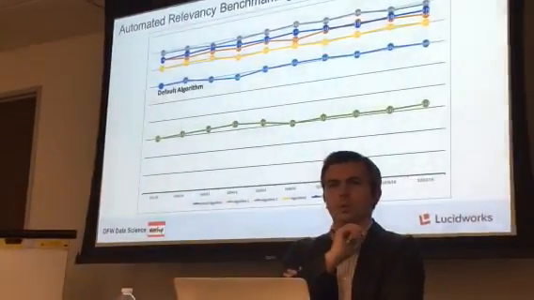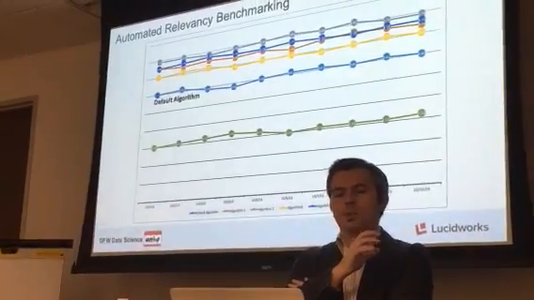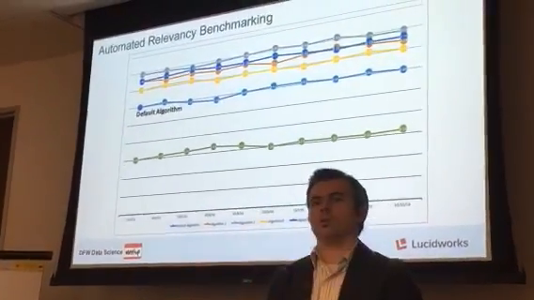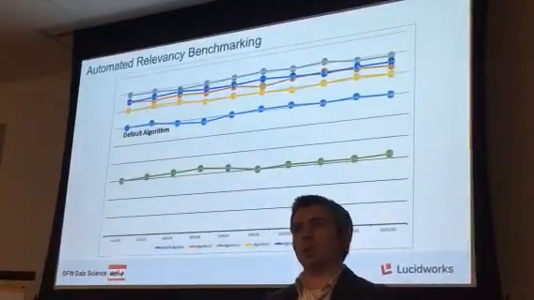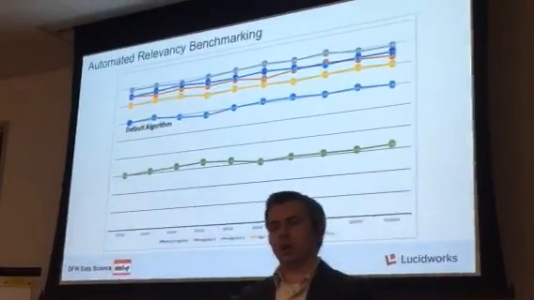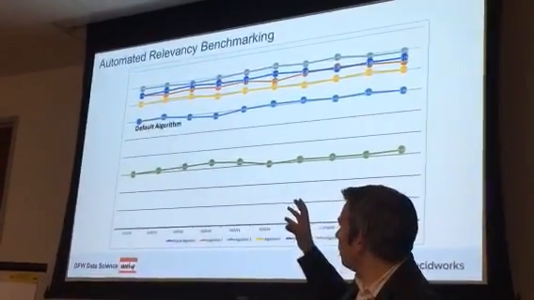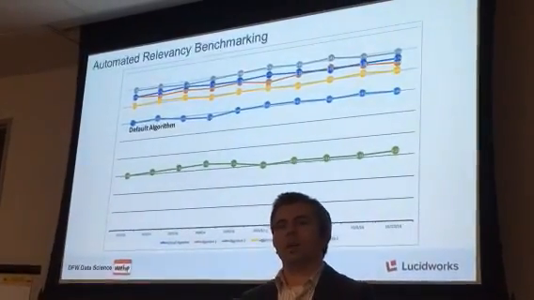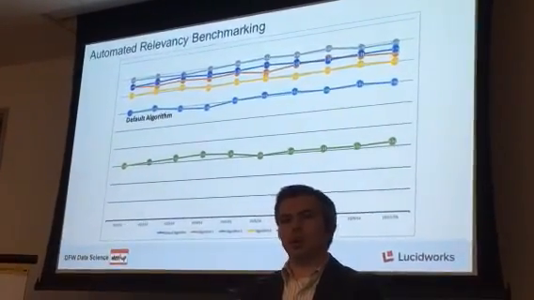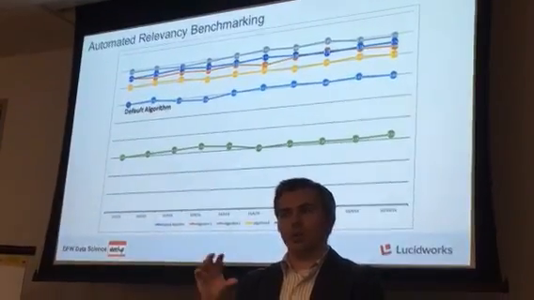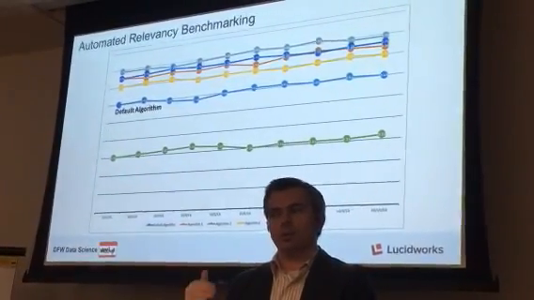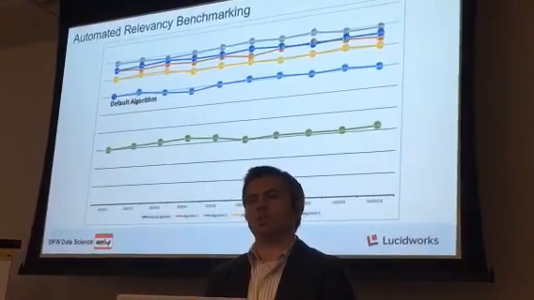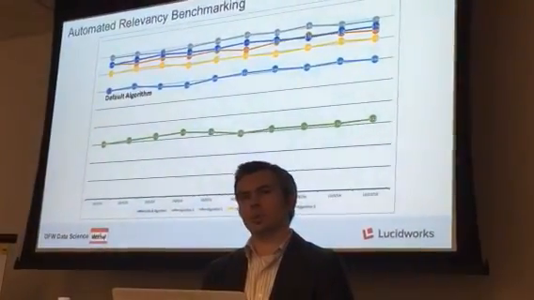This is an example of how you might apply this for some sort of automated relevancy benchmarking. If you take all the queries that people have run, calculate the DCG scores for those, and average them over all the queries you have, you can take an algorithm and compare it to how another algorithm would perform in terms of the NDCG scores it outputs.